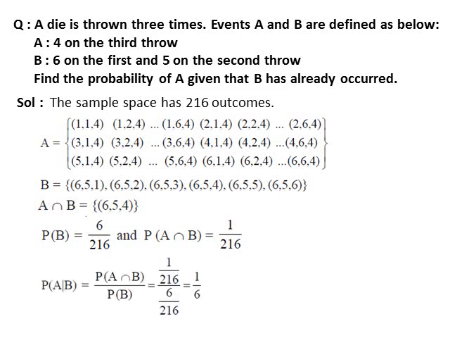By definition of conditional probability, probability of A given B equals probability of A intersection B upon probability of B equals 1 by 216 upon 6 by 216 equals 1 by 6.